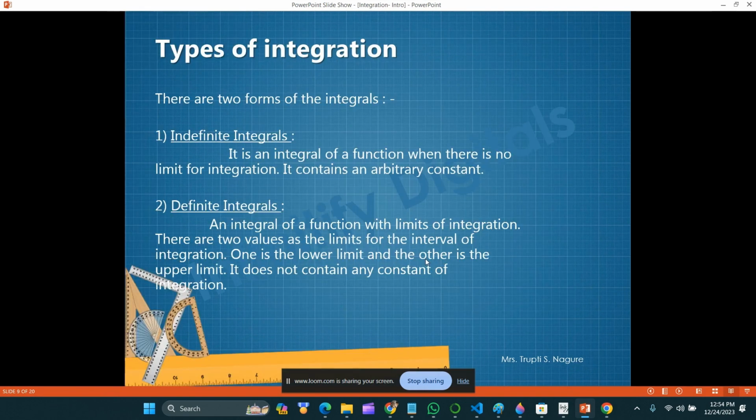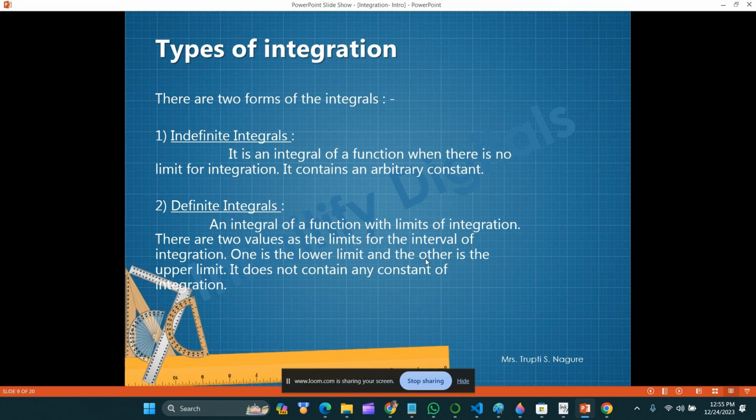Next, there are types of integration. Everywhere there are some types. In integration there are two different types: first indefinite and second definite. Indefinite integration is the integral of any function where there is no limit, meaning it goes up to infinity.